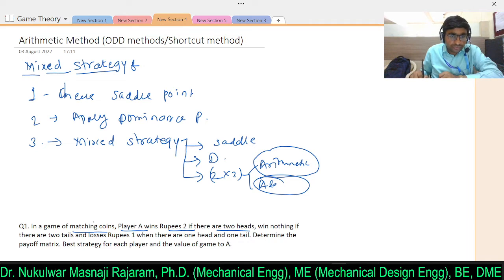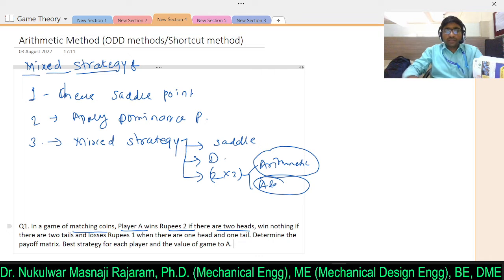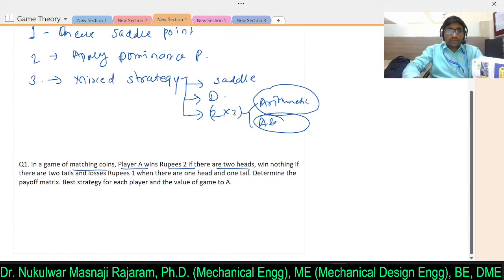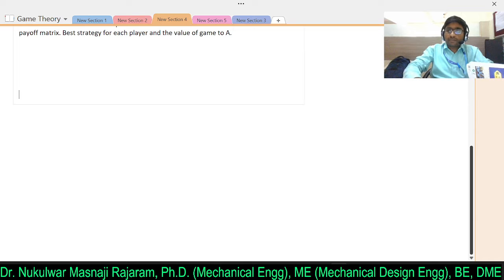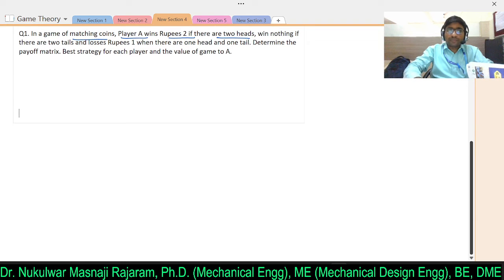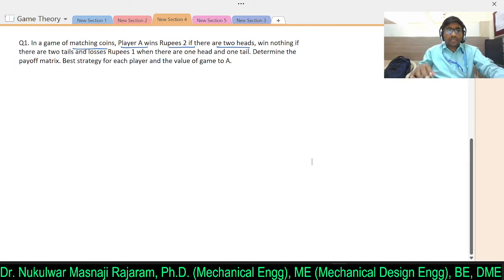From this statement you will get that it's a game of coin matching. In coin matching there will be two different players. So in that, with two players, there will be a game.